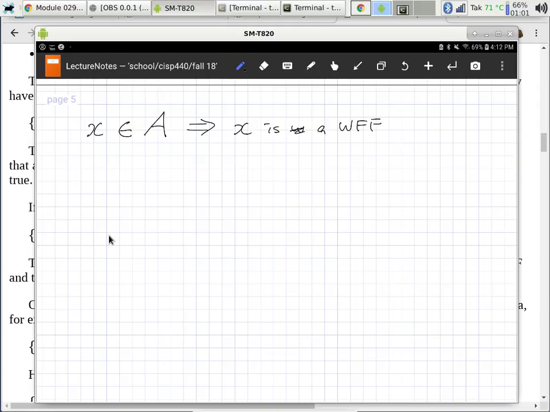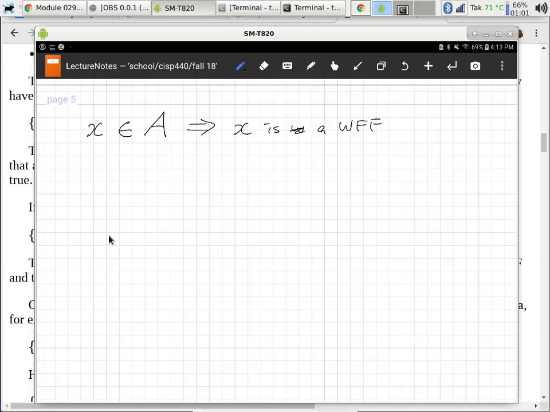So in our example, 0 is well-formed, 1 is well-formed, P, Q, R, S, T, psi, phi, rho, those things all by themselves are well-formed, no problem. Then what else?